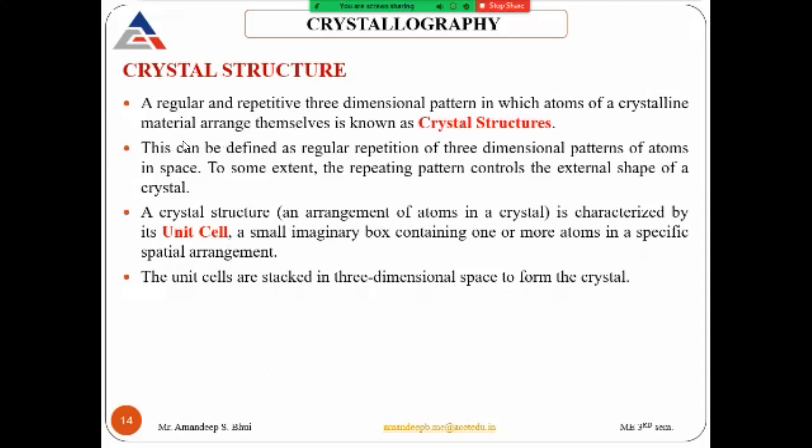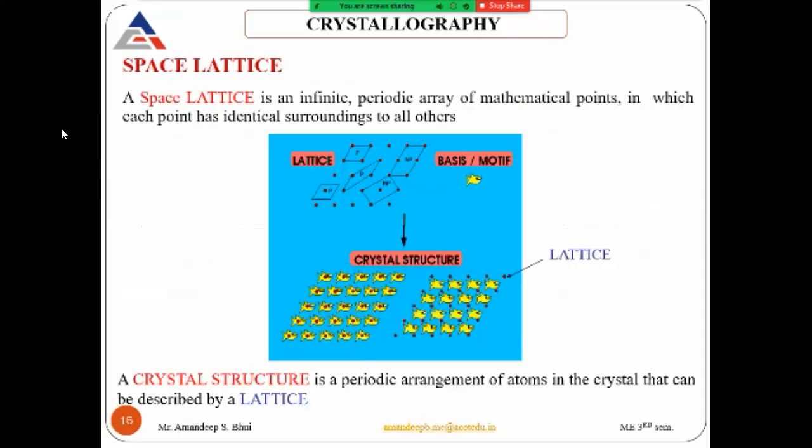So the unit cells are stacked in three-dimensional space to form the crystal. So these unit cells are stacked one on top of the other, and this unit cell repeats itself throughout the volume of the crystal. Now here you can see the space lattice. Next is space lattice. It is an infinite periodic array of mathematical points in which each point has identical surroundings to all others.